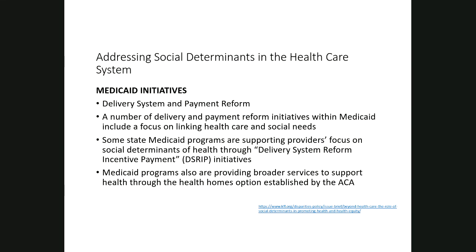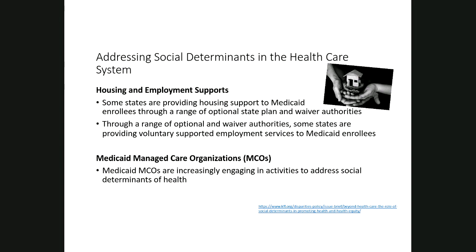There's been reform of payment systems and delivery systems that links healthcare and social needs. Some state Medicaid programs are supporting providers focused on social determinants through this delivery system reform incentive payment initiatives. Some states are providing housing and employment supports.